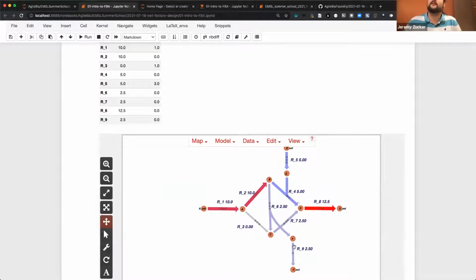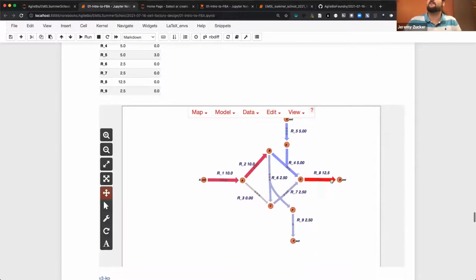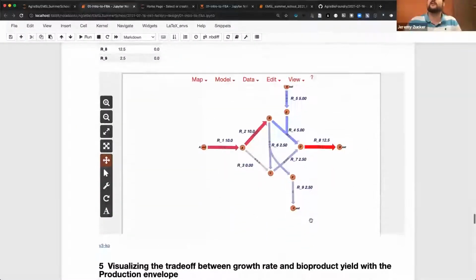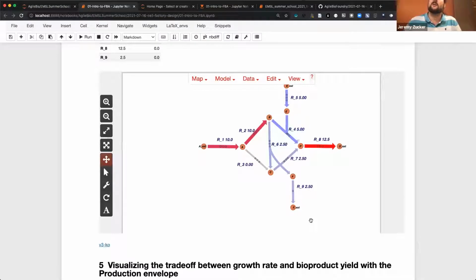Even though you lose a little bit of bioproduct, the product of growth rate and bioproduct yield is greater than pushing everything toward bioproduct as much as possible. I was comparing this value here, which is 32.5, versus the product here, which is a growth rate of 5. We have more bioproduct, but when you multiply these two together, you only get 25. So 25 versus 32.5 means that depending on your engineering objective, you may want to allow more growth.